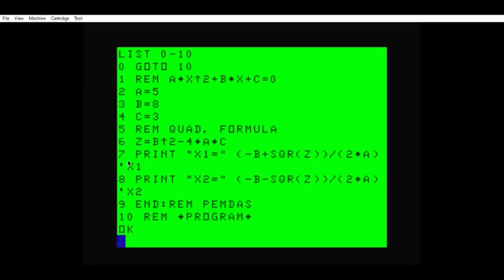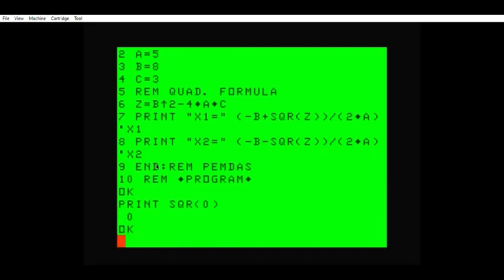Yeah, let's try that right now. Print the square root of 0. And it gives 0, but for some reason in the book it says that z can't equal 0. I don't know why. I'm just taking their word for it. So z cannot equal 0 and z cannot be negative.